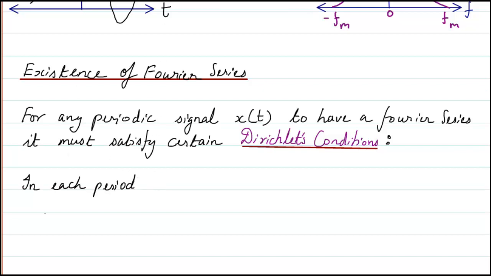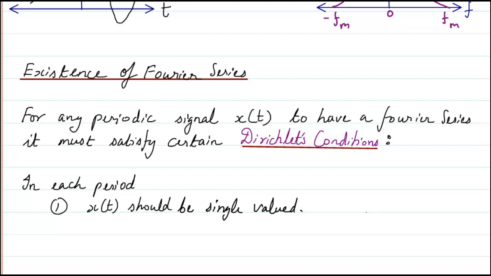The first condition that we have to take care of is that x of t should be single valued. That means that at any time t, there should be only a single value for the signal.